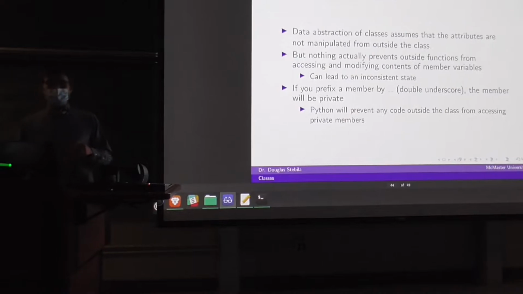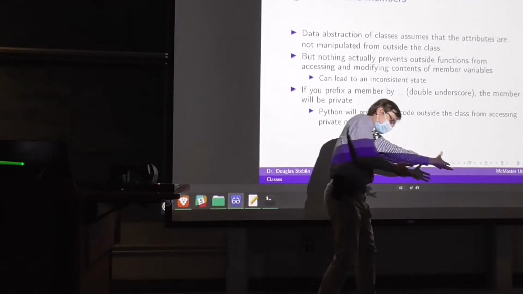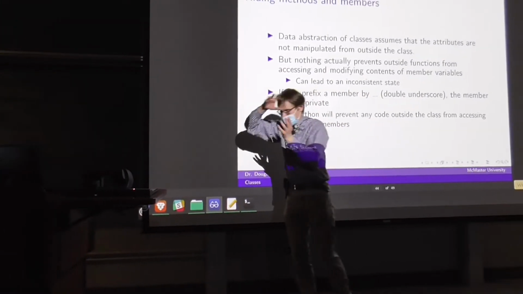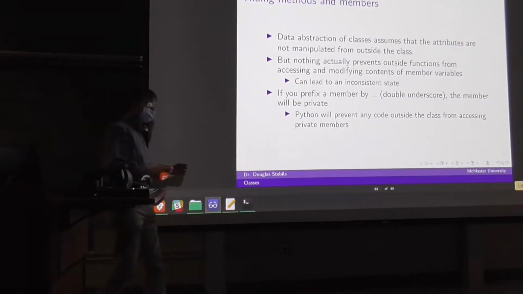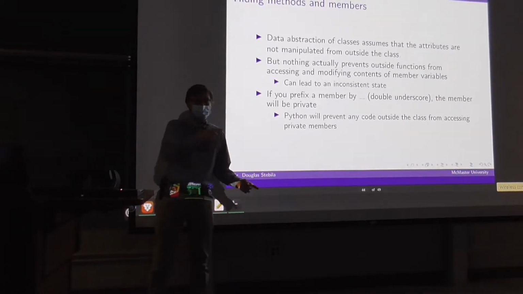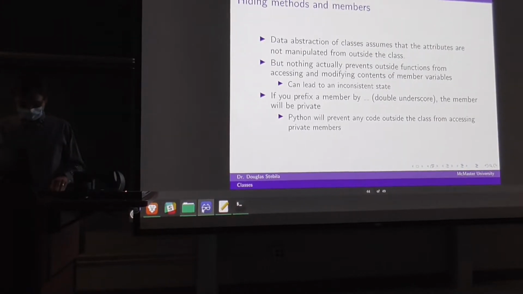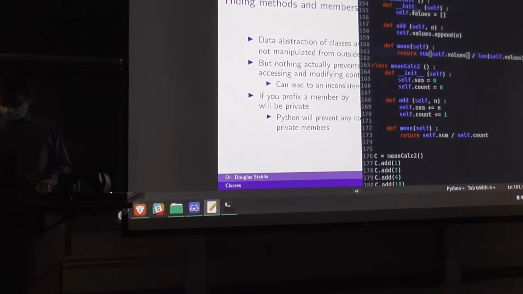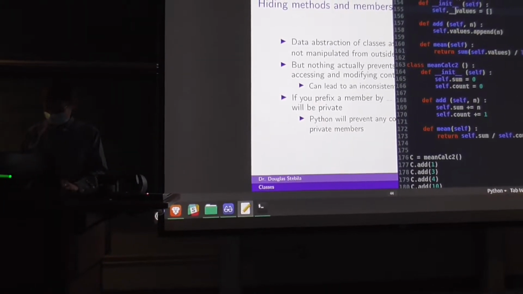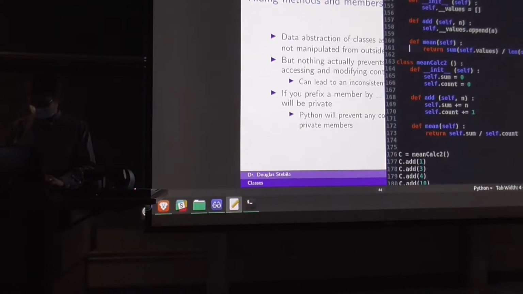It's a good idea to write methods that allow the user a specific way of accessing your data. You enforce that by making the data private, so that's the only way they can get at it. It's reasonably simple. You prefix a double underscore anytime self.values appears.